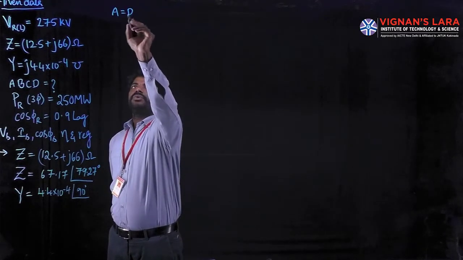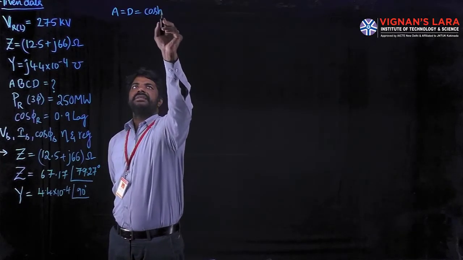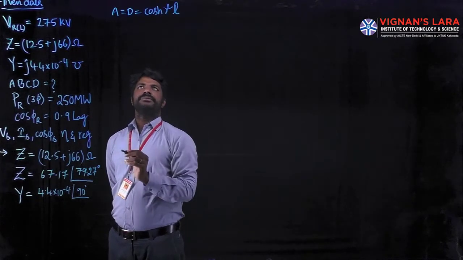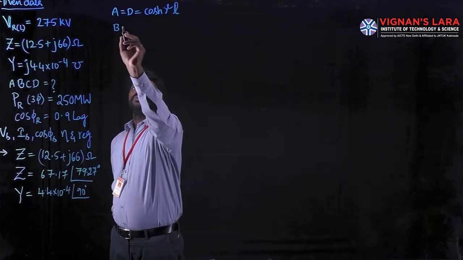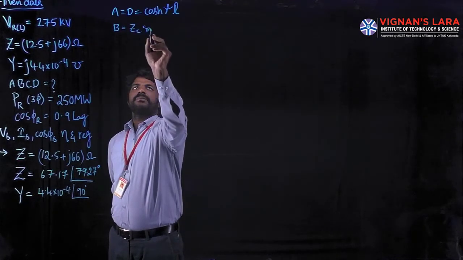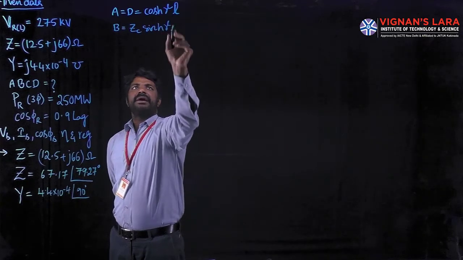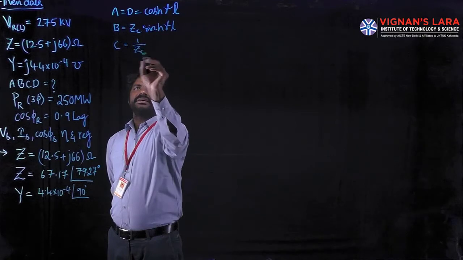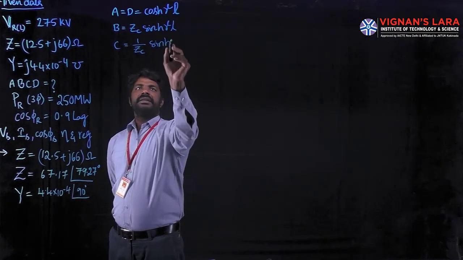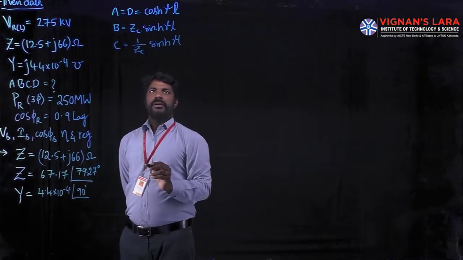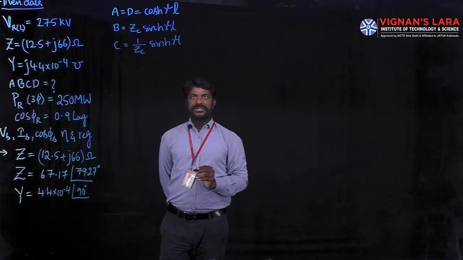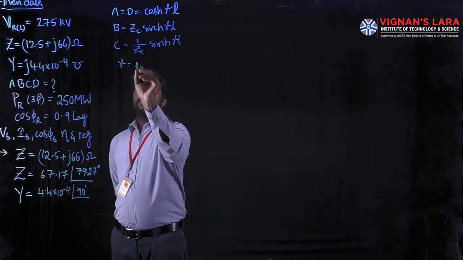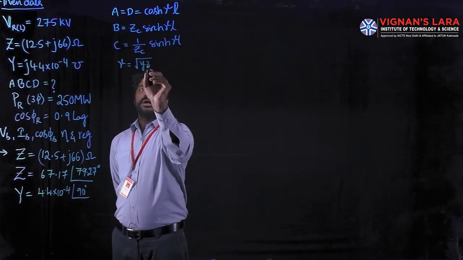A is equal to D, which is equal to cosh gamma L, where L is the length of the entire line, and B is equal to ZC sinh gamma L, and C is equal to 1 by ZC sinh gamma L, where gamma is the propagation constant, and gamma is equal to, mathematically, the square root of small y into small z.